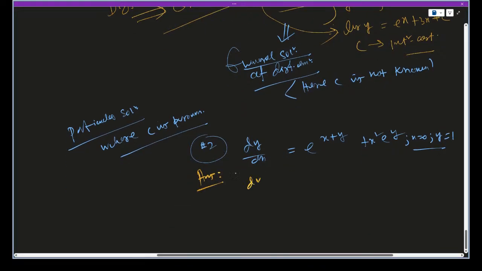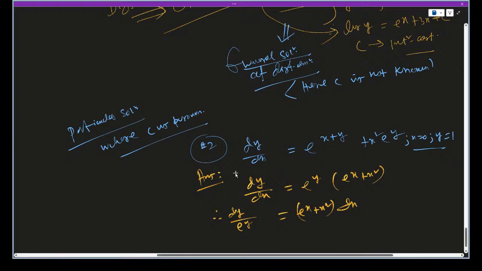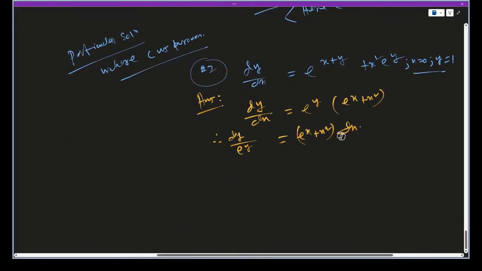So let me solve it. It is dy by dx, take e to the power y common. So dy by into dx. Integrating both sides, you take it up.